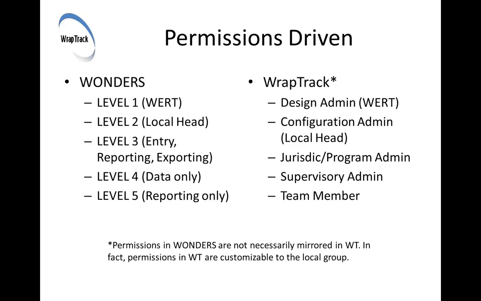So if you were a person entering data only, you'd have to be a level 4, and that kind of thing. This system is a little bit more flexible and customizable to a group's needs. So, for example, in WrapTrack, the WORT team here at University of Washington would still have that top-level access, so we could make sure that we're accessing your data and providing support when needed.